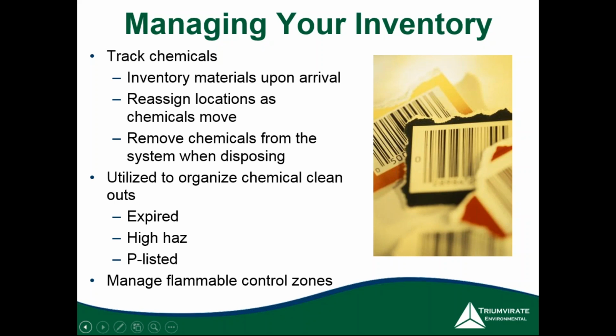A really effective way to help manage these chemicals getting scanned out of your system when they're disposed of is to make it as easy as possible for your stakeholders to contribute to the project. The use of barcode books or clipboards can make scan outs pretty easy. Barcodes can be removed from the chemical and placed on a piece of paper, and then scanned out during routine chemical inventory or a reconciliation on a quarterly or annual basis.